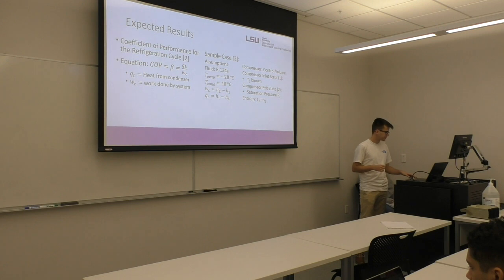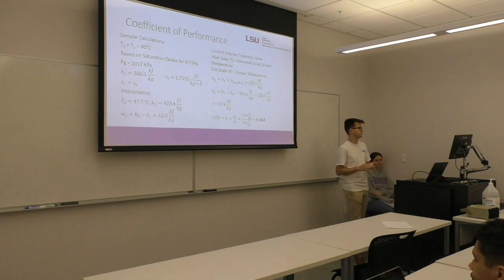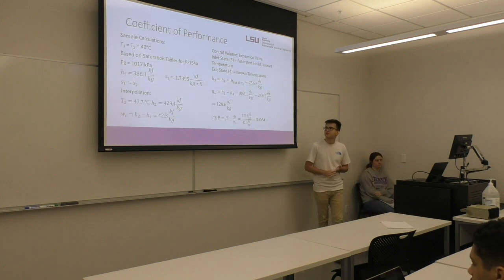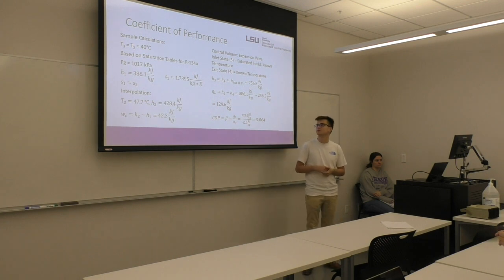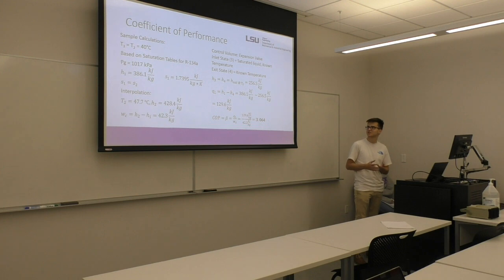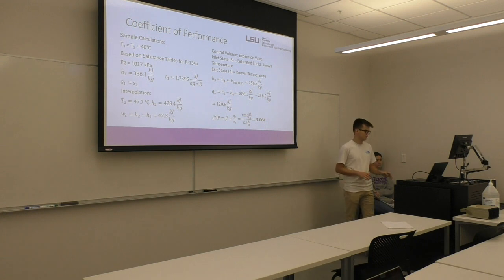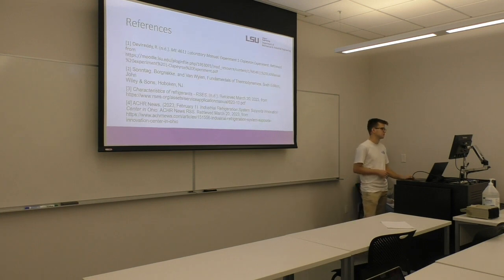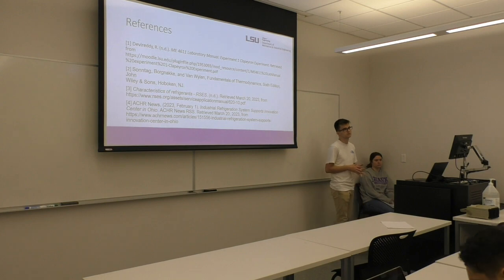Using this, I performed a set of sample calculations using the R-134A saturation tables to determine pressure, enthalpy, and entropy at different stages of the system. Using this, the final coefficient of performance was found to be 3.064 for this cycle, which again is somewhat similar to the cycle that we will be using in our experiment. There's my references. Are there any questions?